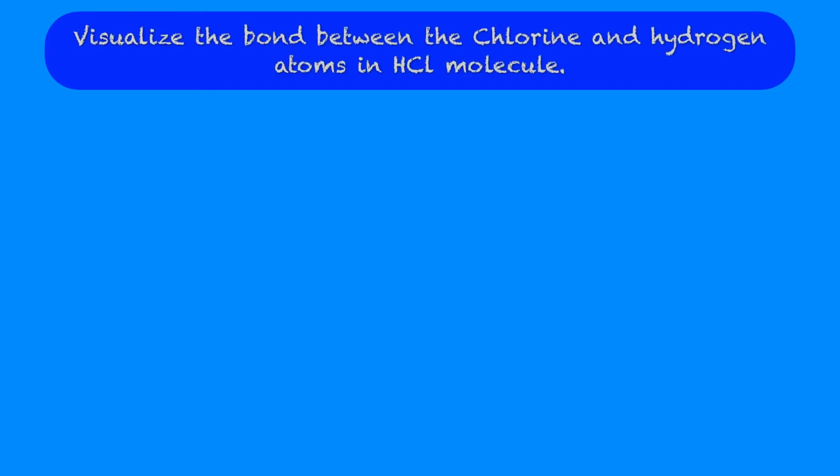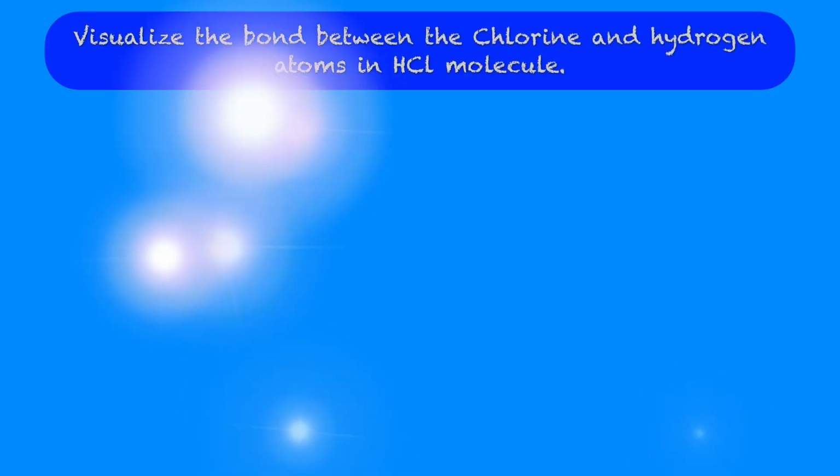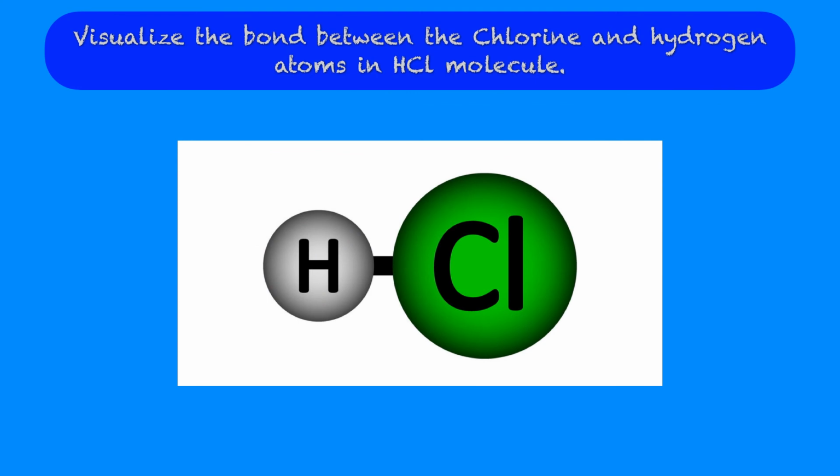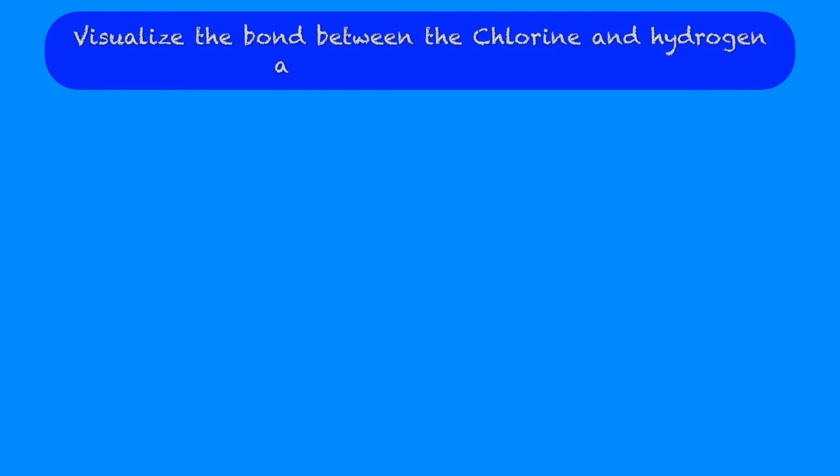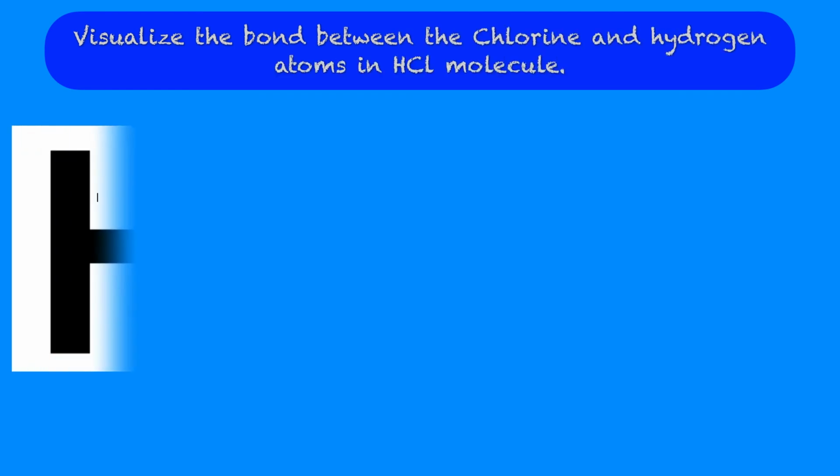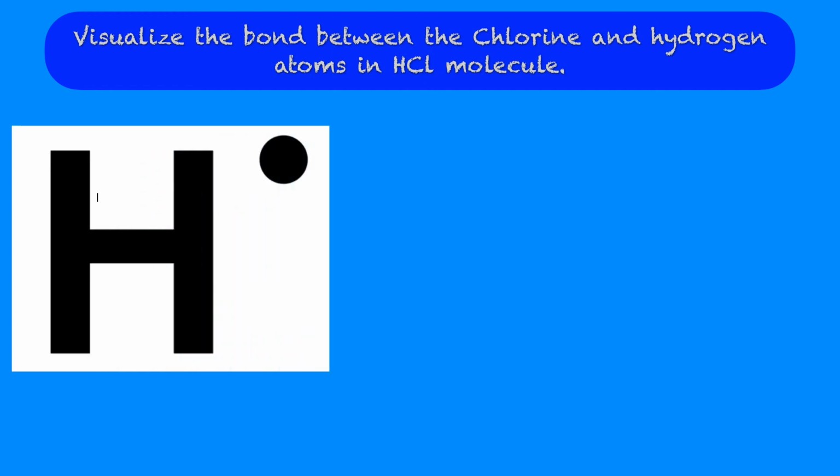Now it's time to discuss together how a covalent bond is formed between hydrogen and chlorine in hydrogen chloride, HCl. As shown before, hydrogen belongs to column 1. And then, how many valence electrons does it have? One valence electron.